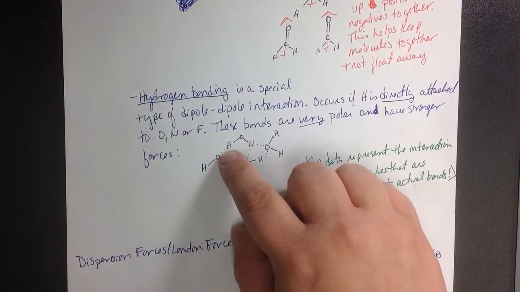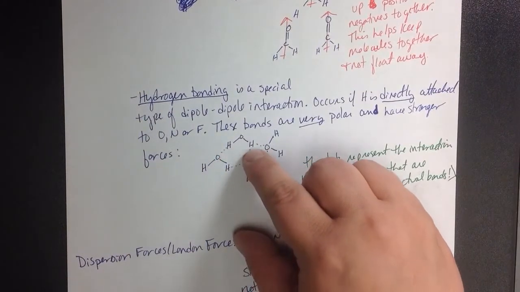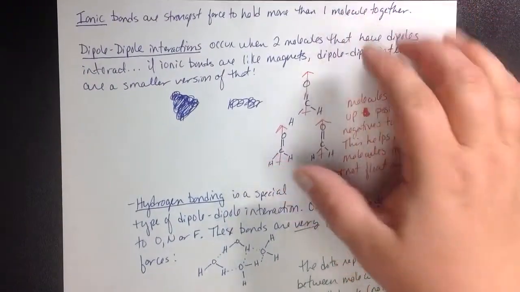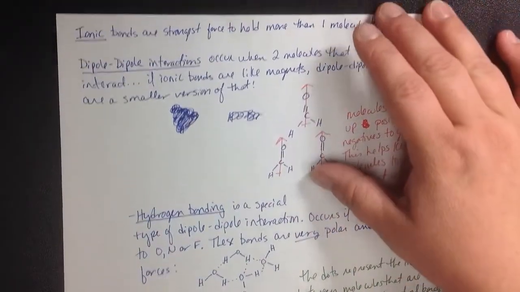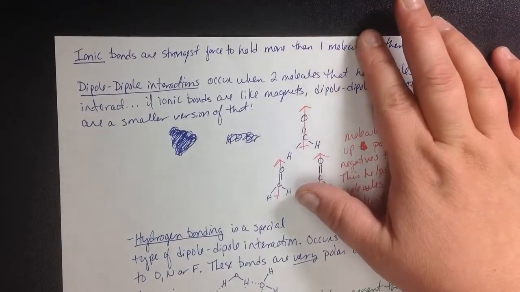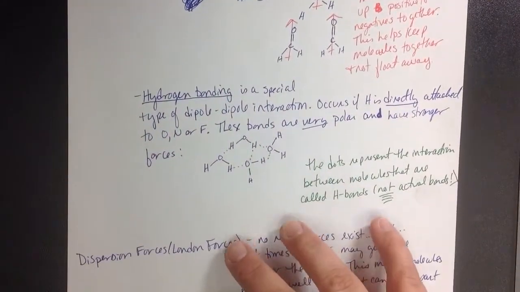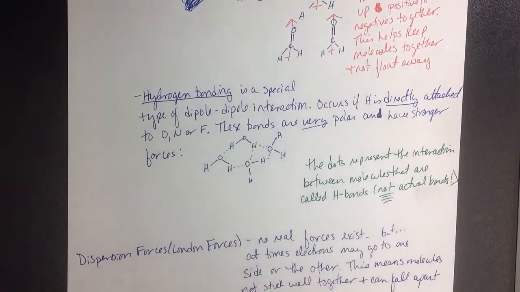I see all these little dots that I have right here. That is sort of like special magnets that are stronger than your normal dipole-dipole bond. They are not the same thing as an ionic bond, but they're kind of somewhere in between. And it is quite a bit stronger. Evidence.